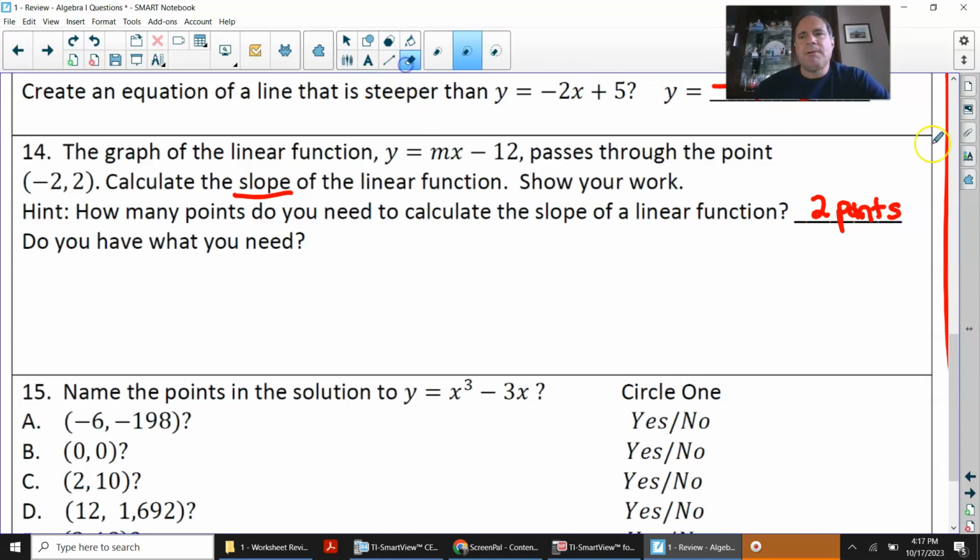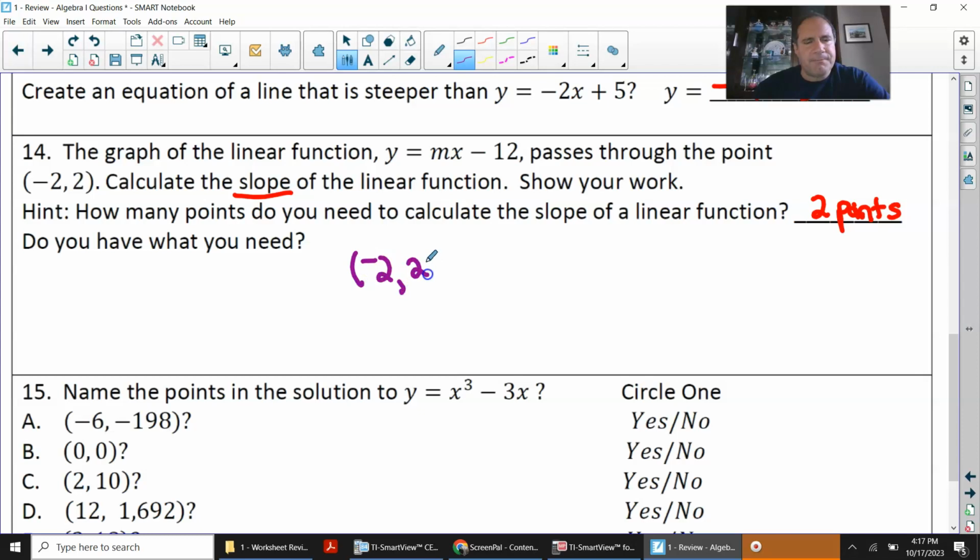If you have 2 points, you can calculate the slope of any line. Well, I only see 1 point, and that point I'm going to put down as negative 2, 2. I need another point. And I have it. It's just hidden.